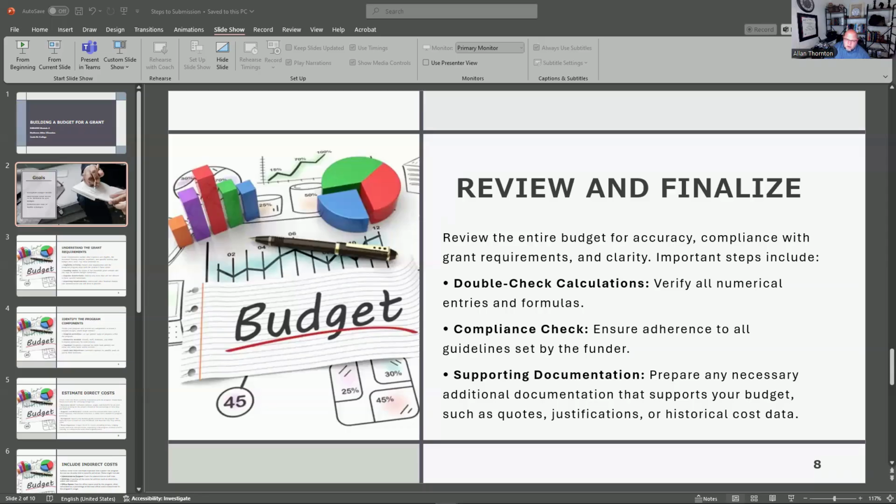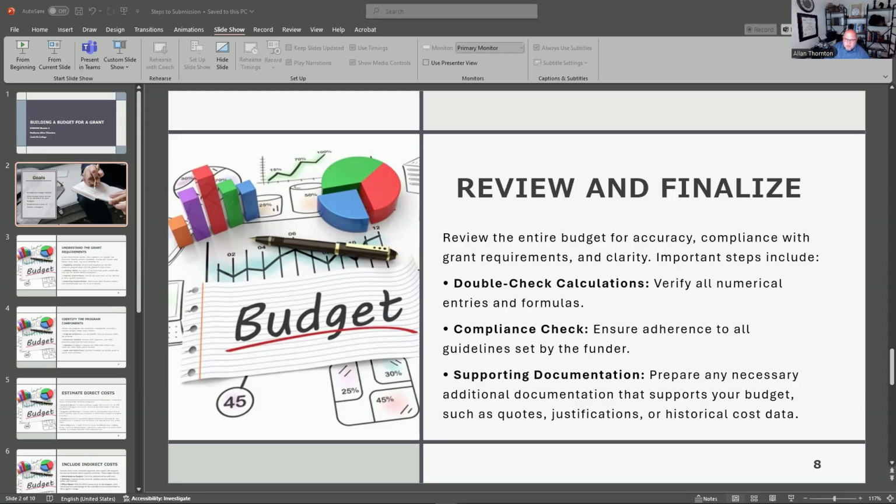And then your supporting documentation. That's going to be the description, that walkthrough that you're going to include in your budget proposal. That's going to be your extra documentation. Did you get quotes from someone for them putting in a playground? Do you have quotes from several different places for copying materials?